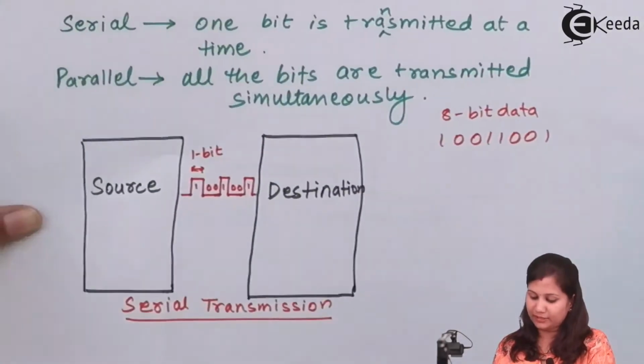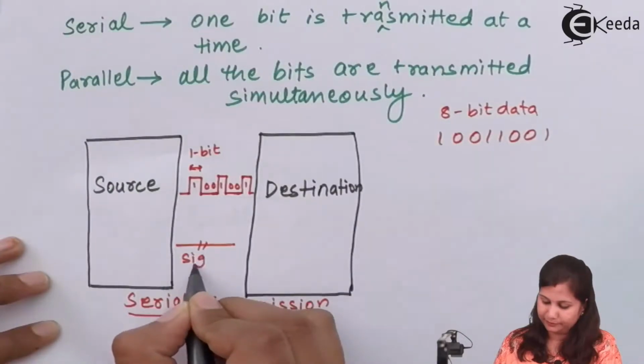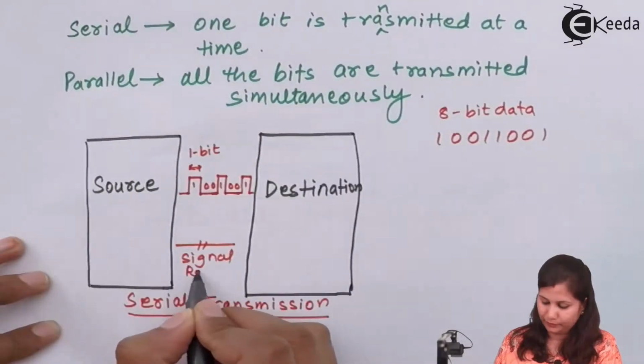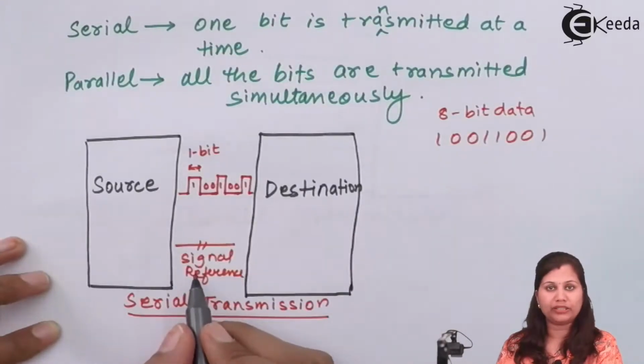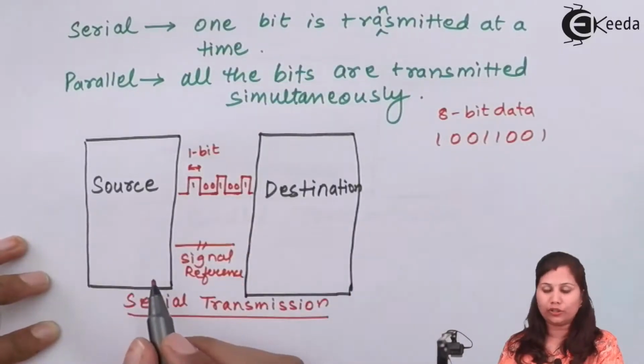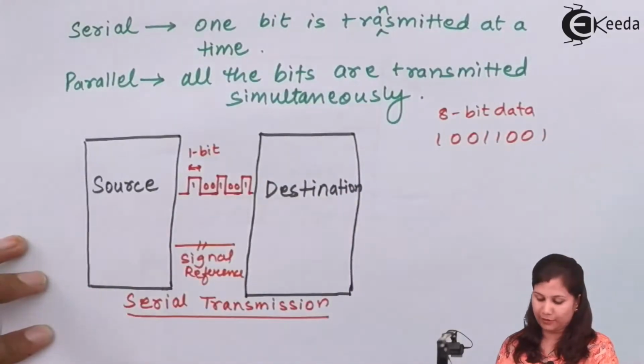In the case of serial transmission also, we have a signal reference to check whether the received data and the actual data are equal or not, and whether correct data is received by the destination.